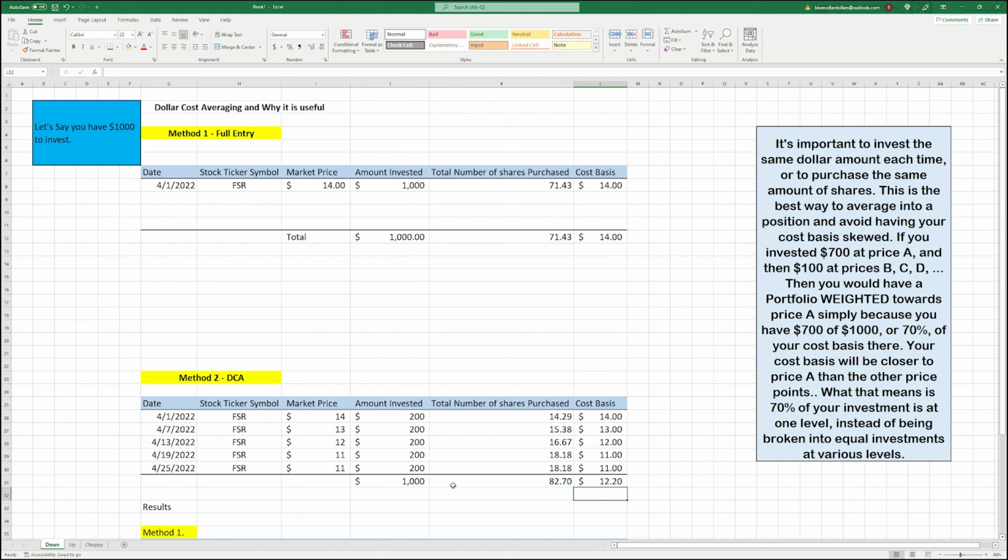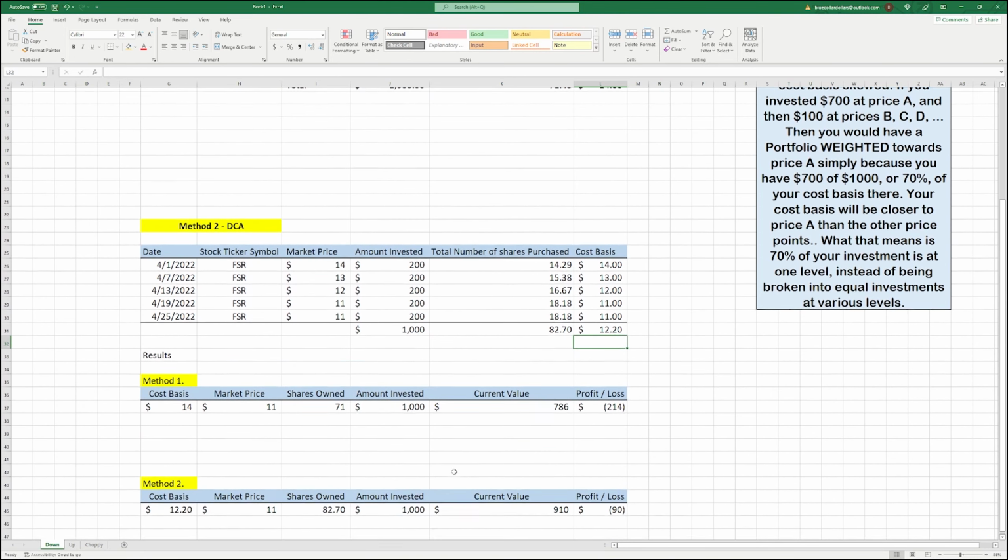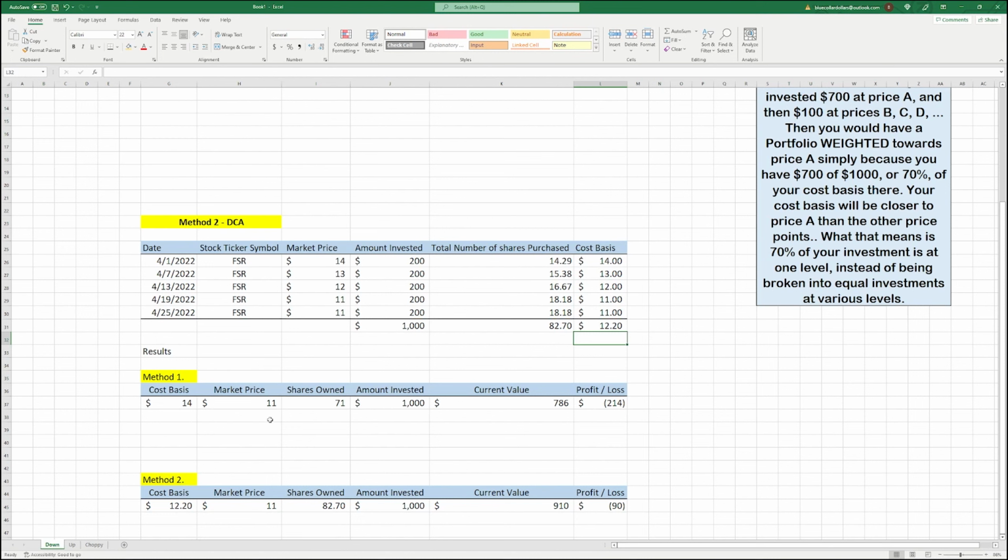So at the end of scenario two, dollar cost averaging, we ended up coming out with a little more shares and a little lower cost basis. And what that results in is, for method one, your cost basis of 14, the current share price of 11, shares owned 71, versus shares owned 82.